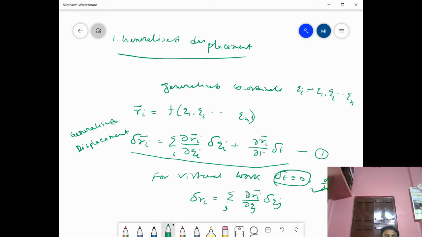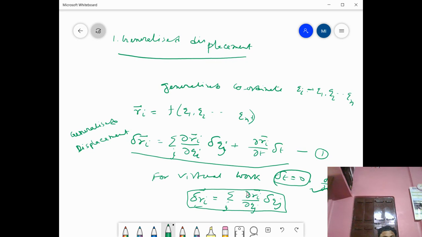Summation over j, I guess, I is already there. Now you can remember this expression was written there for the principle of virtual work. These qj's are generalized coordinates, and this displacement is generalized displacement.